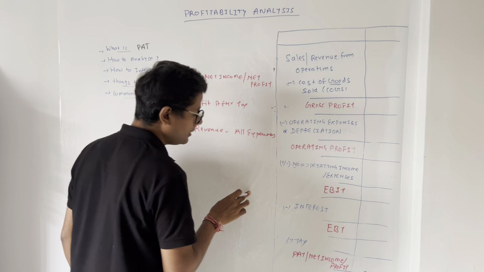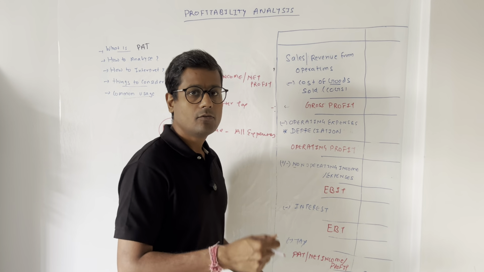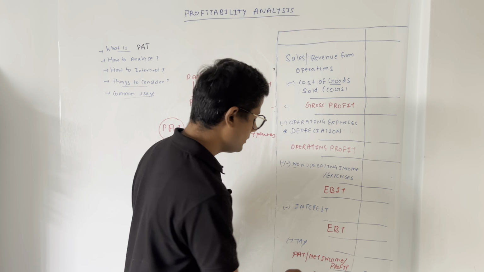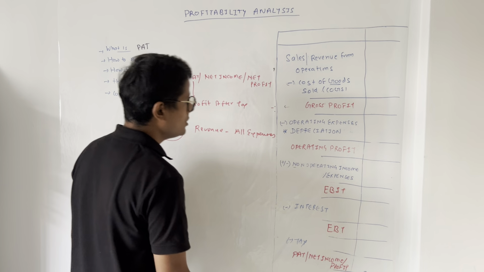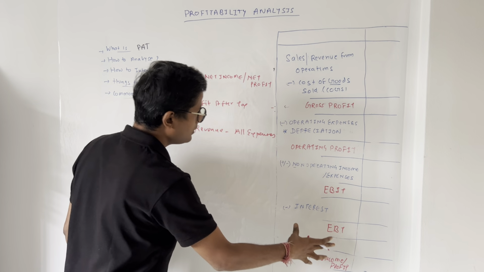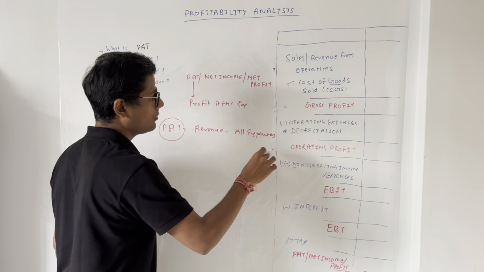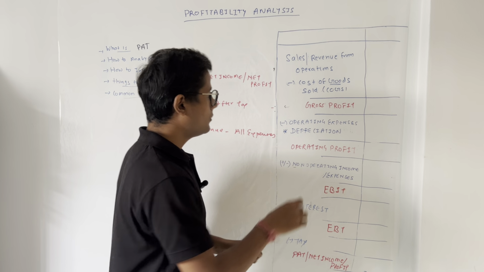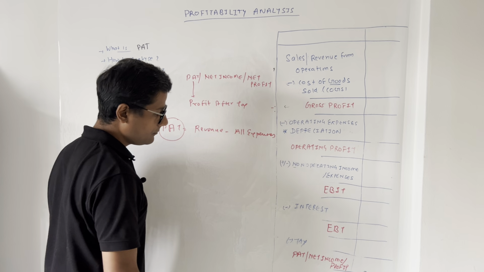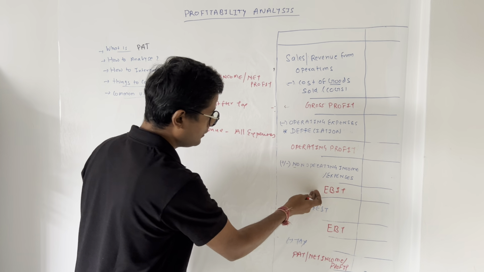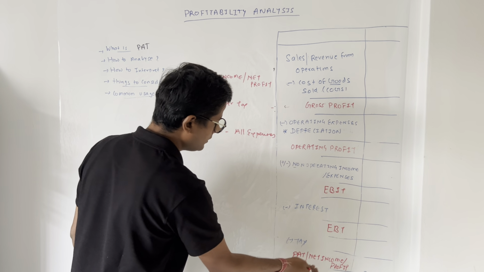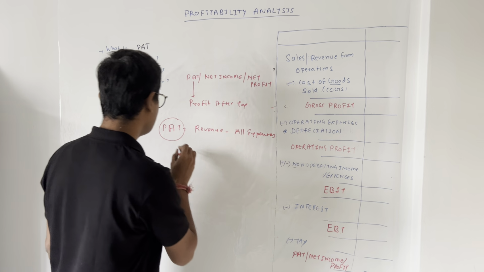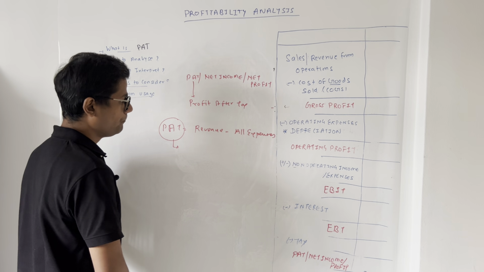If you are at EBIT, which is earnings before interest and tax, you deduct interest, deduct tax, and you come to PAT. It depends on what your starting point is. So that is PAT.